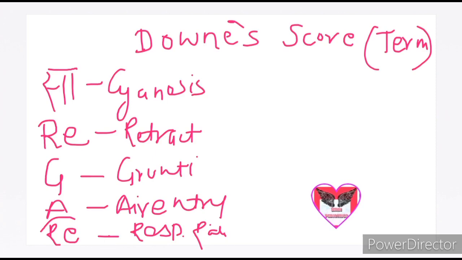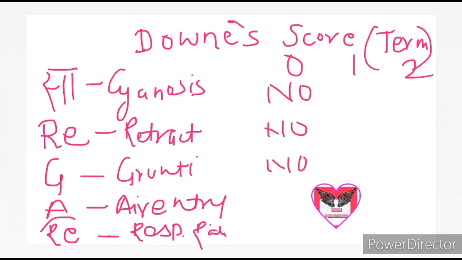We have a 0, 1, 2 score given for each of these. For 0 we have no cyanosis, no retraction, no grunting, air entry is clear, and respiratory rate is less than 60.